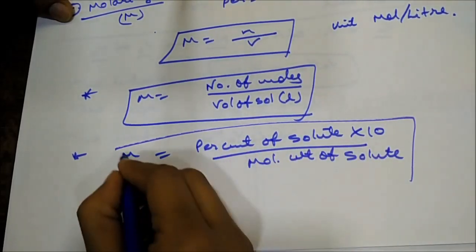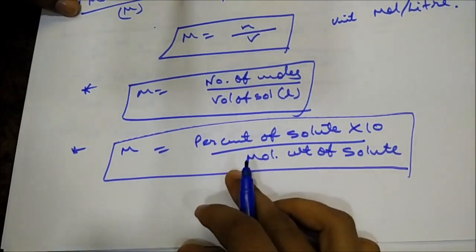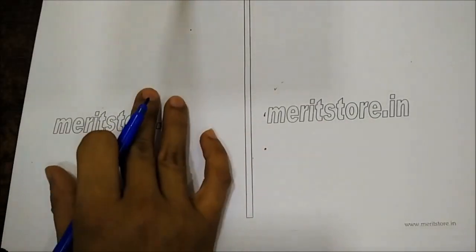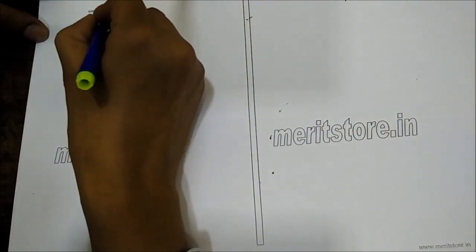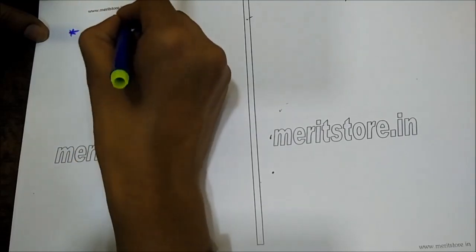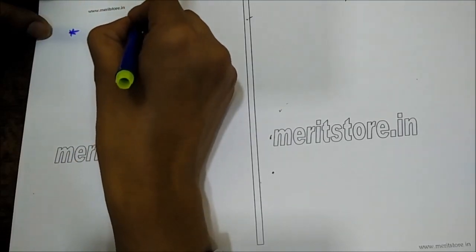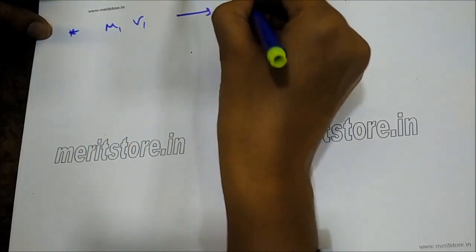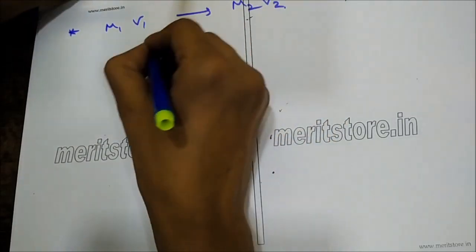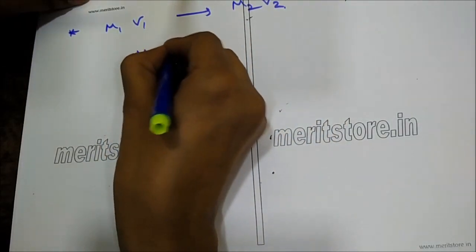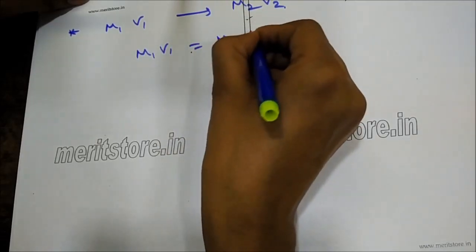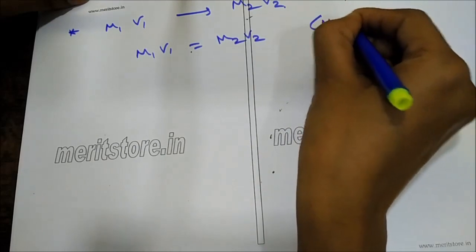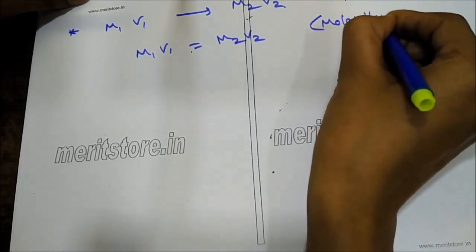This is another formula. If molarity and volume of solution are changed, if the molarity M1 and the volume V1 is changed to M2V2, then the product of molarity and volume will always be constant. This is called molarity equation.